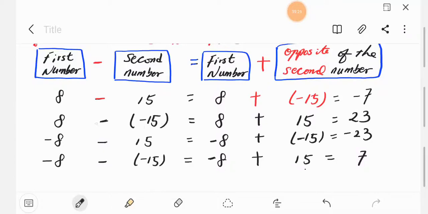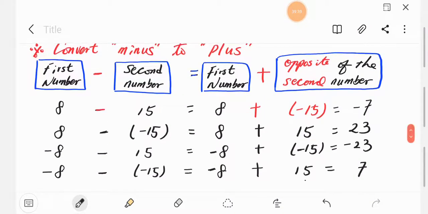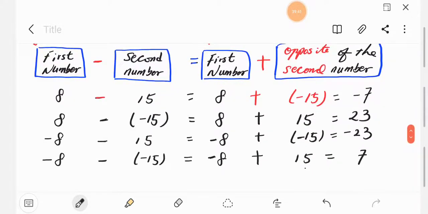Negative minus 15, isn't it the opposite of negative 15? So this is positive 15, right? Okay, so you need to practice as many questions as possible so that you will get familiar with changing the sign.